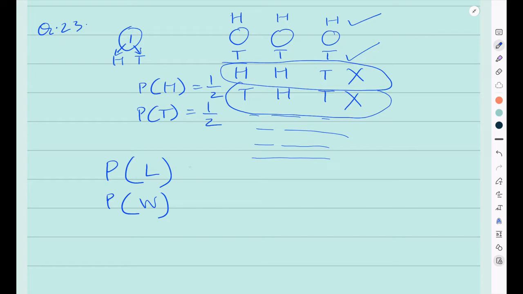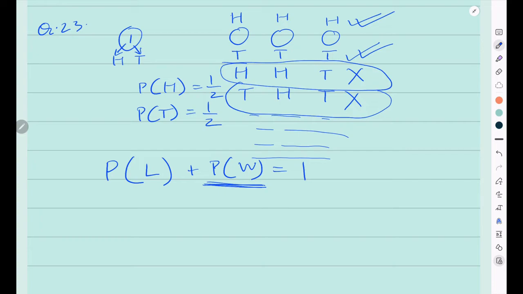So the probability of losing plus the probability of winning is equal to 1, isn't it? So calculating the probability of winning is maybe easier.